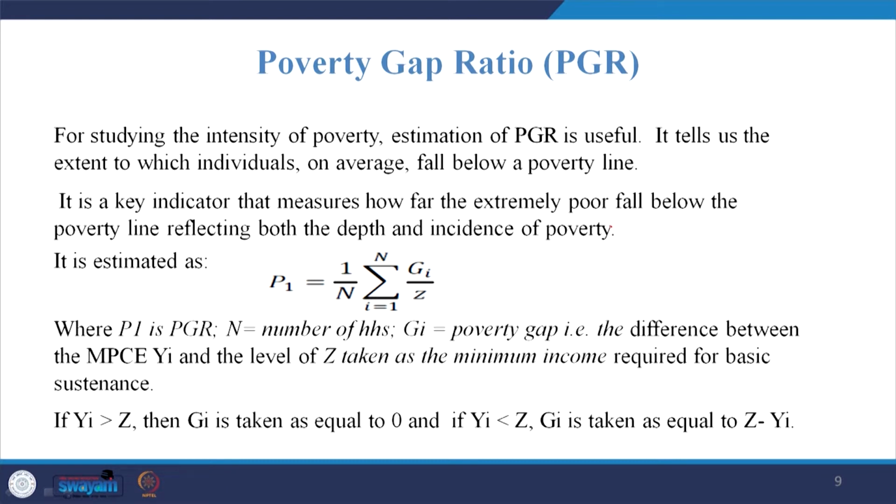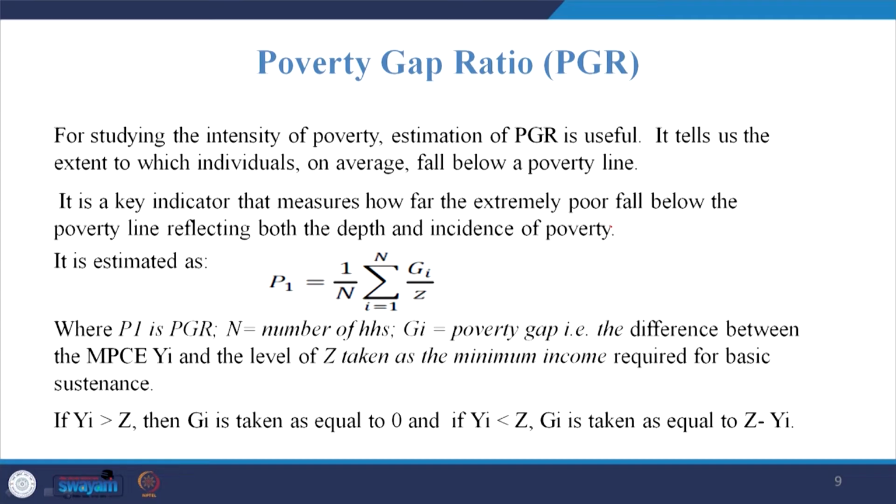The poverty gap ratio tells us the extent to which individuals on average fall below the poverty line. It is an indicator that measures how far the extremely poor people fall from the poverty line, reflecting both the depth as well as the incidence of poverty, and it is estimated by the formula you can see on the slide.